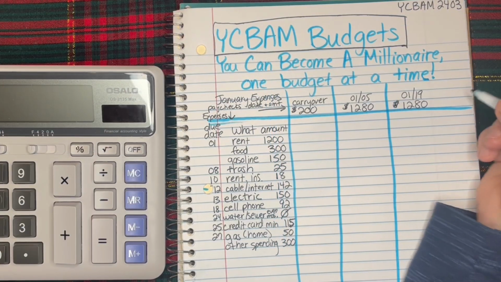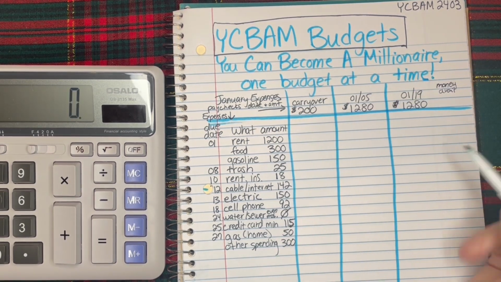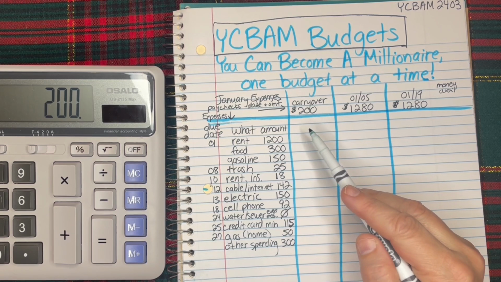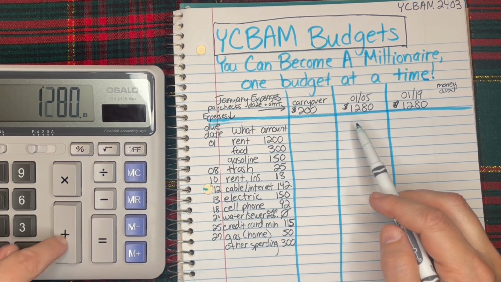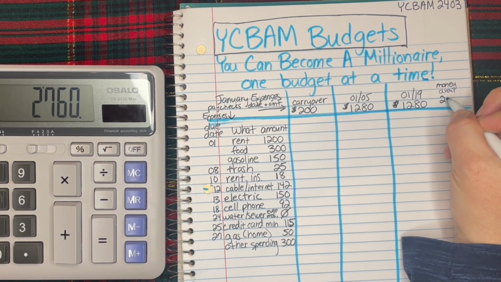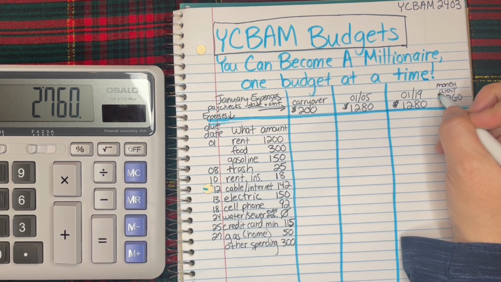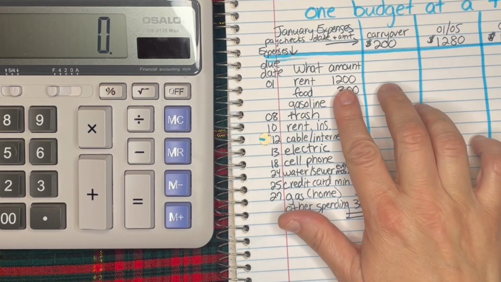And now let's total the money available. So that's going to be the 200 plus 1280 plus 1280. So 2760. And then we want to total the expenses.